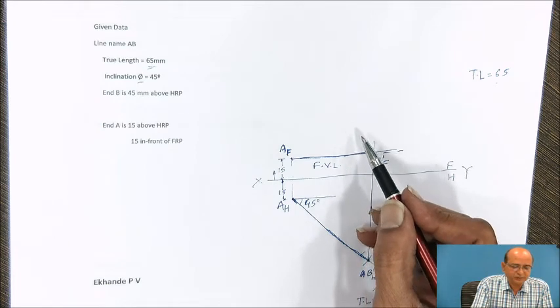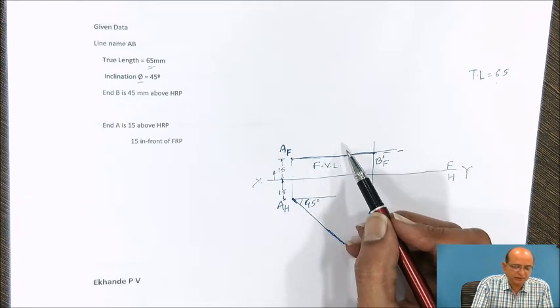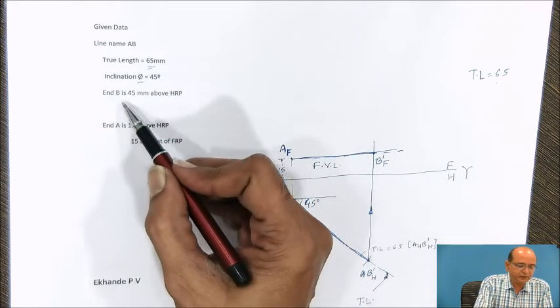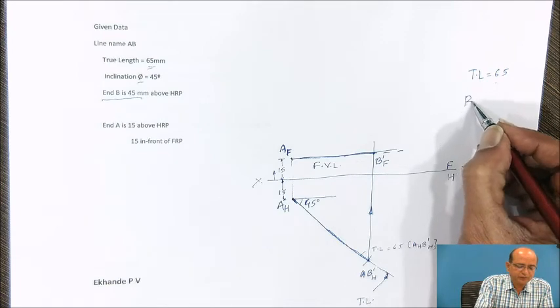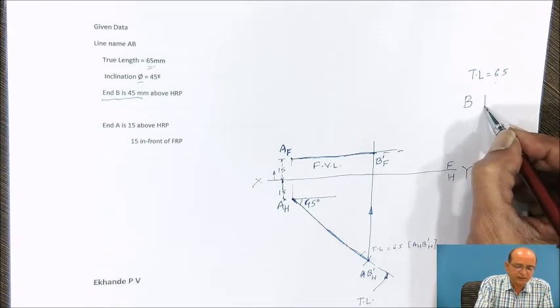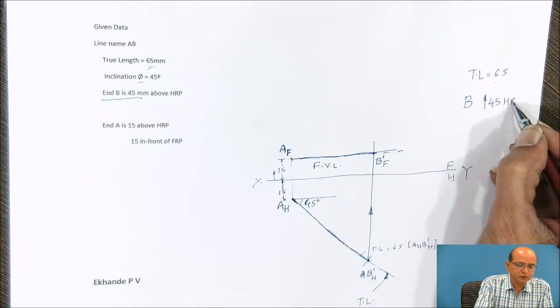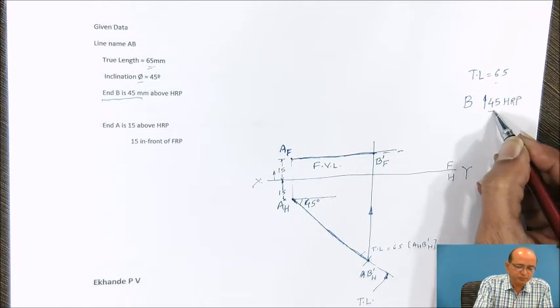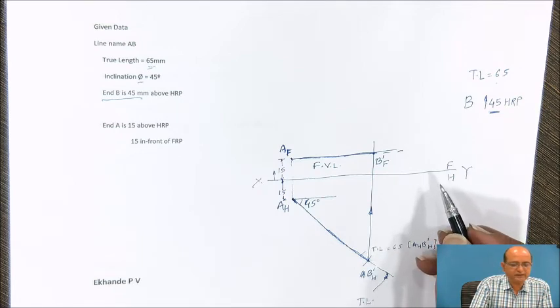For that purpose, here the apparent inclination is not given, but the point B or the end B is given with the position with respect to HRP. So end B is lying at distance 45 millimeter above HRP.